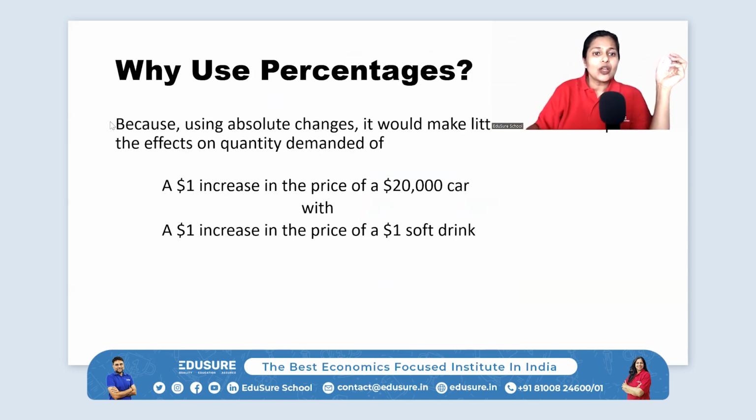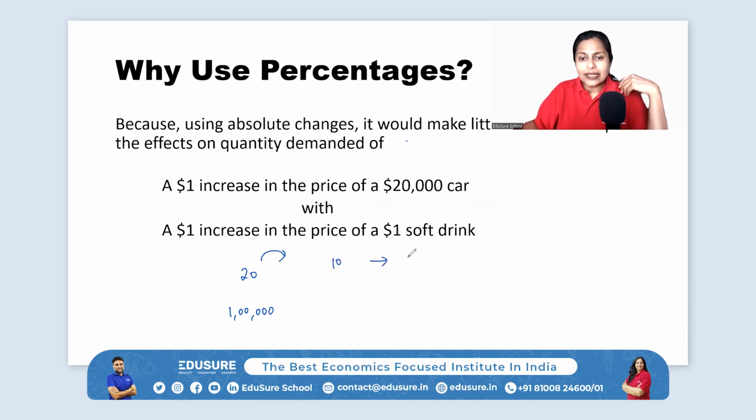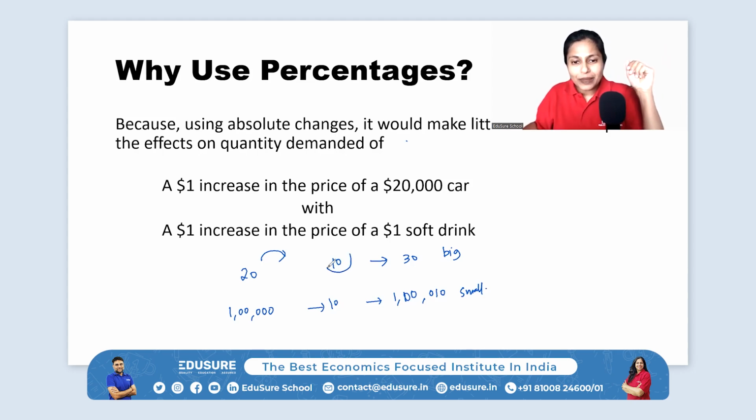It is because अगर कोई भी change हम percentage में नहीं लेते, अगर absolute value में लेते हैं, so for example, Coca-Cola की bottle let's say 20 rupees की आती है, और एक laptop का price let's say 1 lakh rupees है. अब हम बोल रहे हैं कि 10 rupees का फर्क आया. अगर Coca-Cola की bottle में 10 rupees का फर्क आएगा, तो वो 20 से 30 rupees की हो जाएगी. और अगर laptop में 10 rupees का फर्क आएगा तो वो 1 लाख से 1 लाख 10 हो जाएगा. तो this change is big, this change is small. Absolute value से हमें नहीं पता चलता that the change is big or small. Even though दोनों में 10 का change था, but in Coca-Cola that change is big, in a laptop that change is small, right?